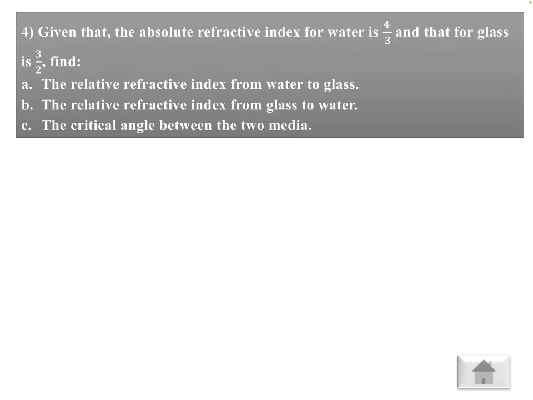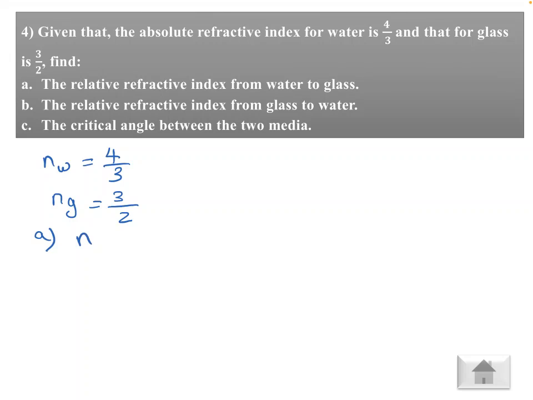The last problem on the critical angle. Given that the absolute refractive index for water is 4 over 3, and that of glass, Ng, equals 3 over 2. A. Find the relative refractive index from water to glass.